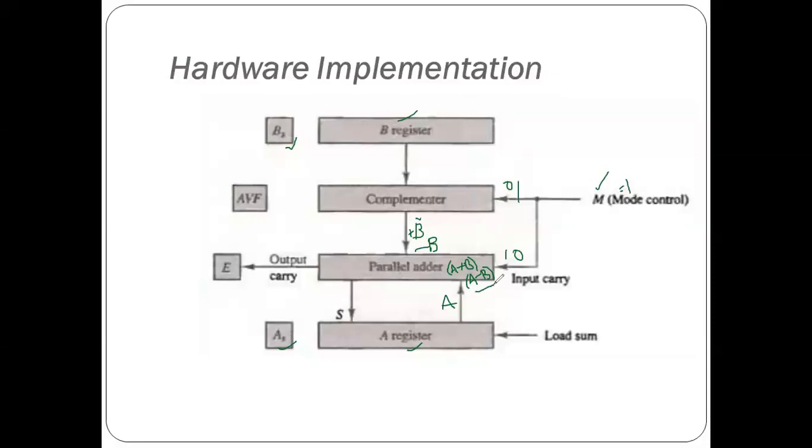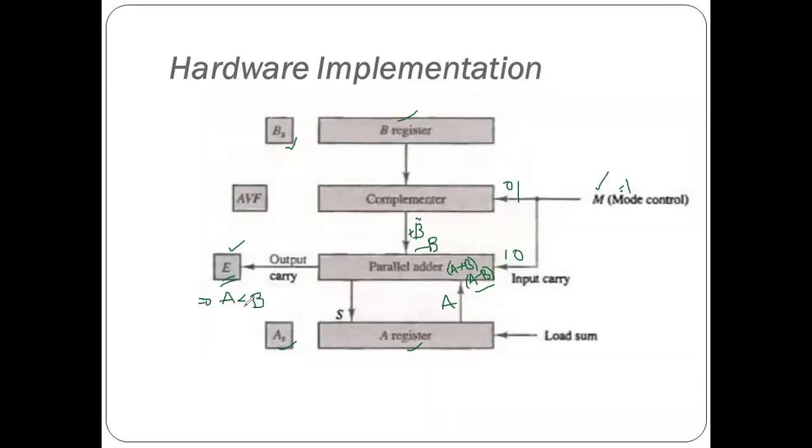That will produce A minus B. After performing this addition, whatever extra bit comes out, we reserve in one more flip-flop, which is E, the extra output carry. Now this E bit will decide whether A is greater than B or A is less than B. If the E bit is 0, it is concluded that A is lesser than B.